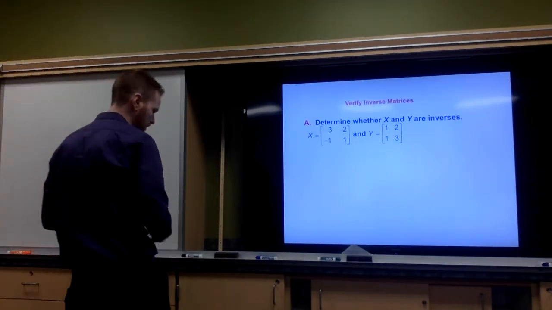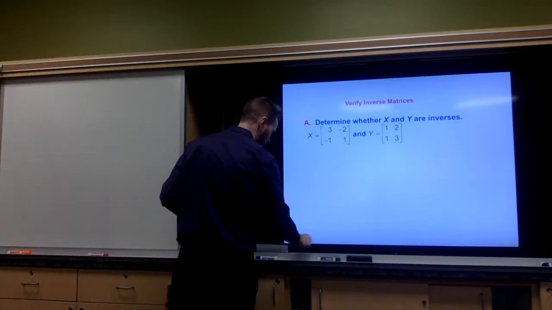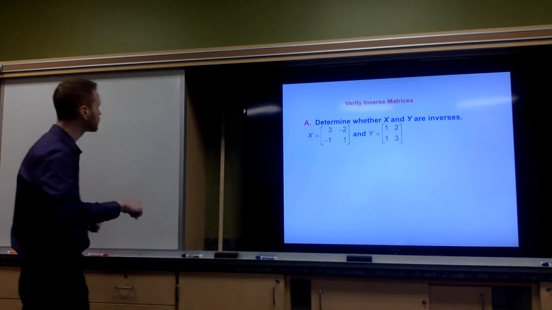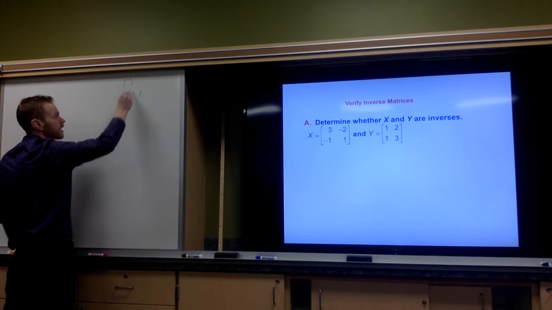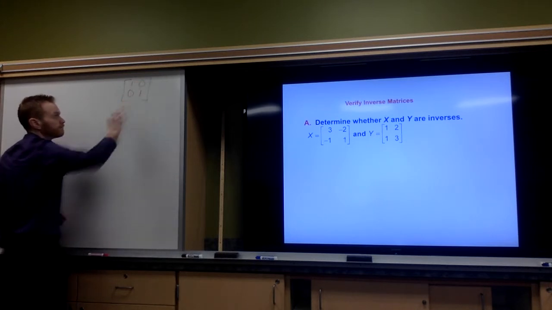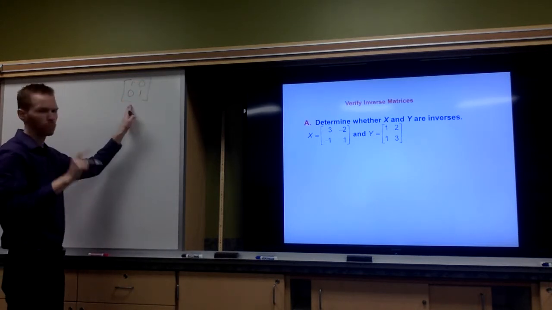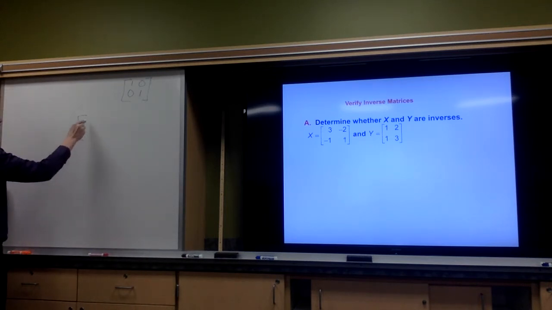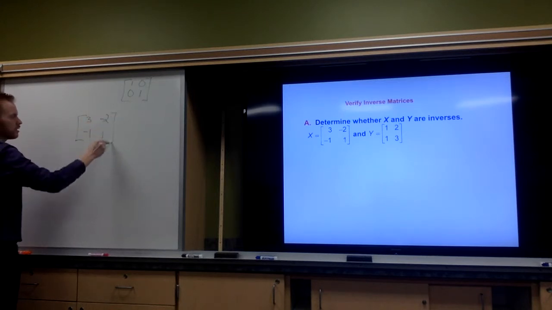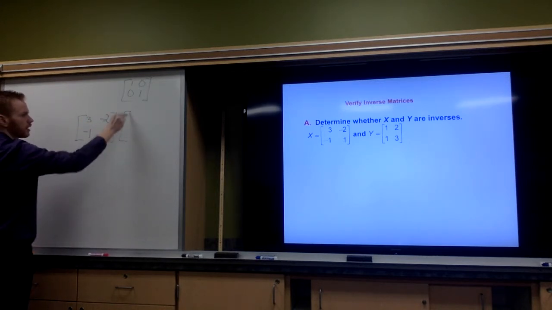Determine if these guys are inverses. If they truly are inverses, then I should get the identity element. This is 1. So let's see if it works. So we have 3, negative 1, negative 2, 1, times this guy.